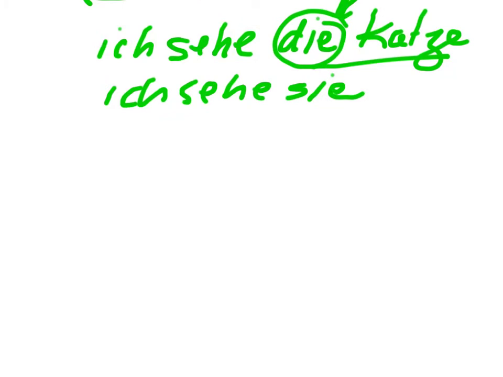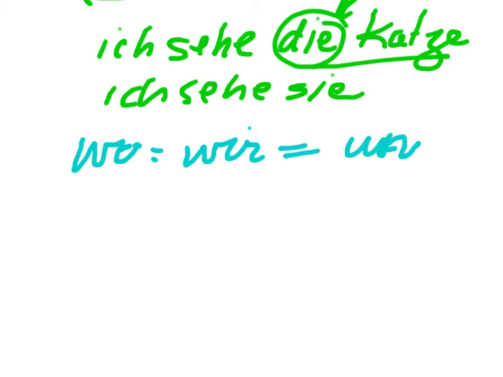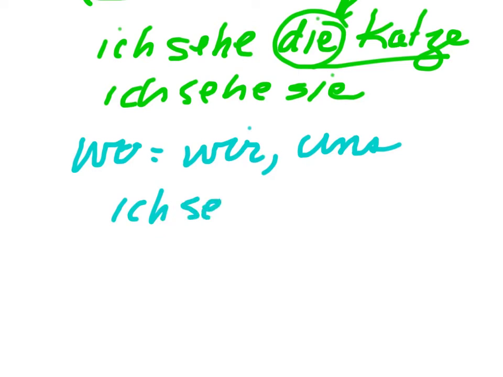Now let's do the next one, which is wir, or we equals wir equals, oh, sorry. Uns. So I could say, ich sehe uns.